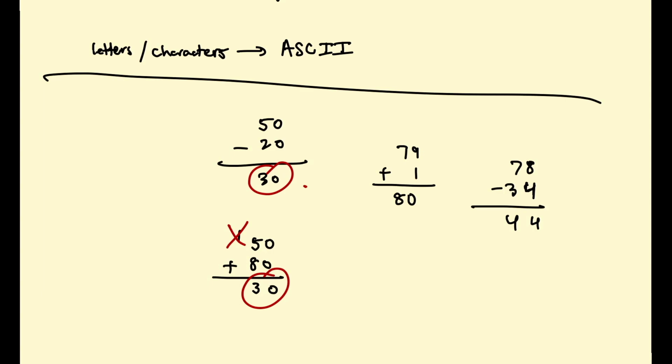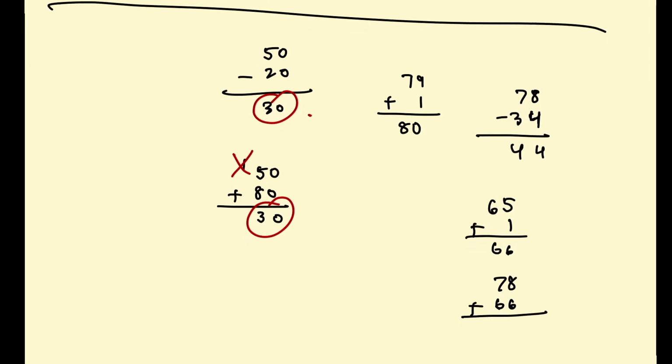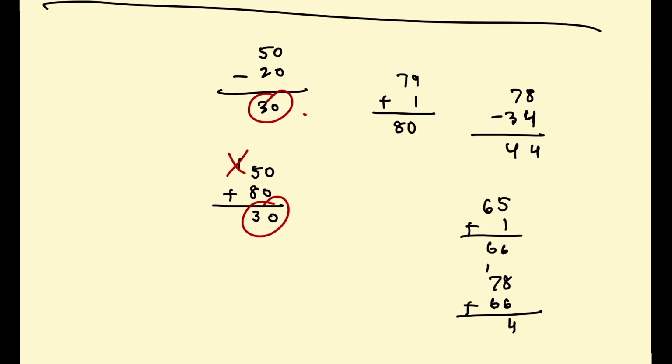All right, what's 3 mirrored with? 6. What's 4 mirrored with? 5. Add 1. 66. So I'm going to do 78 plus 66, and I get 14, carry the 1, 7, 4, carry the 1, throw it away, 44.